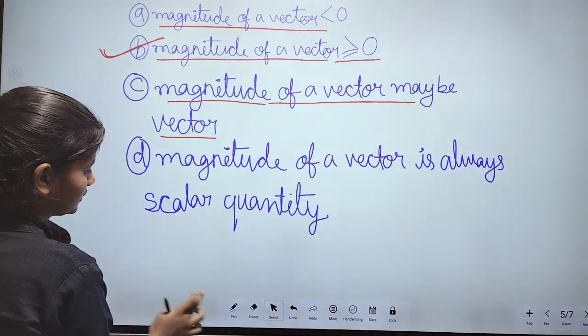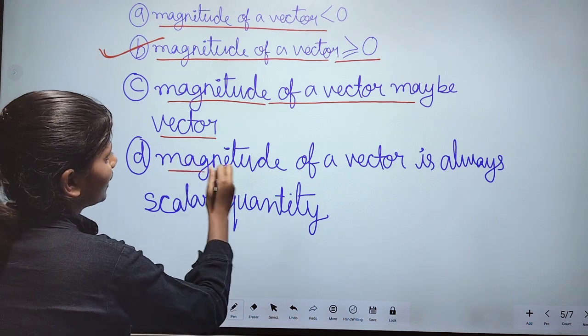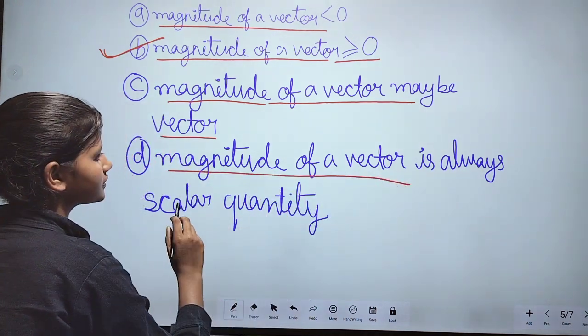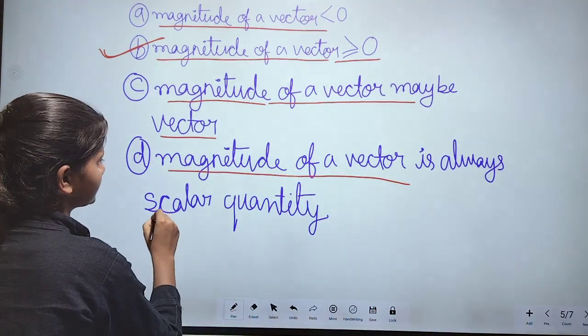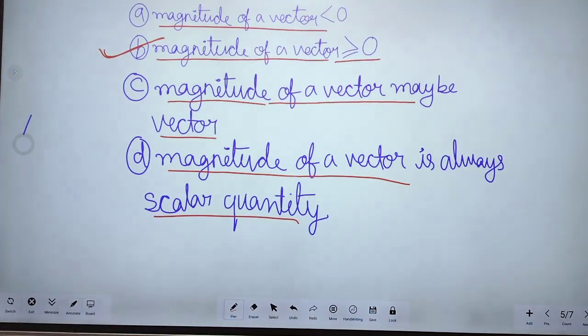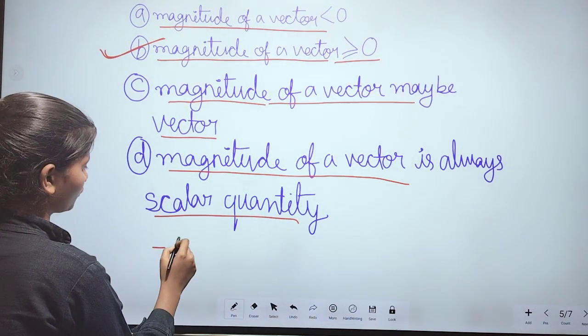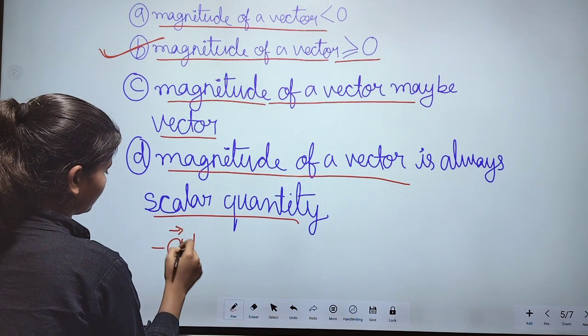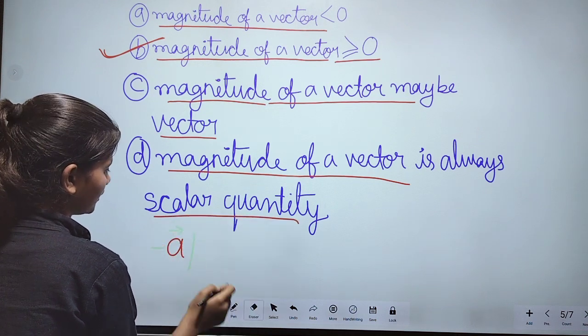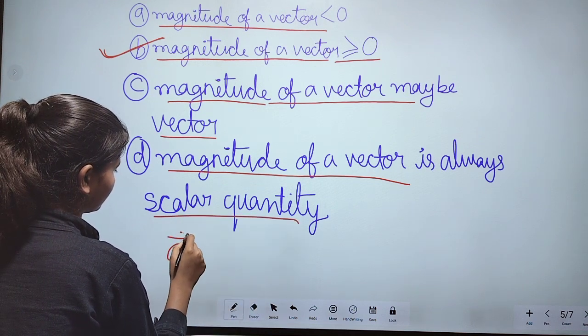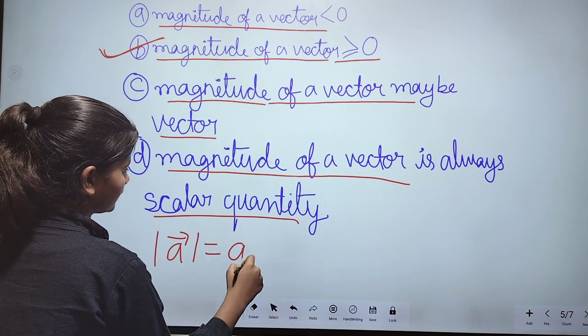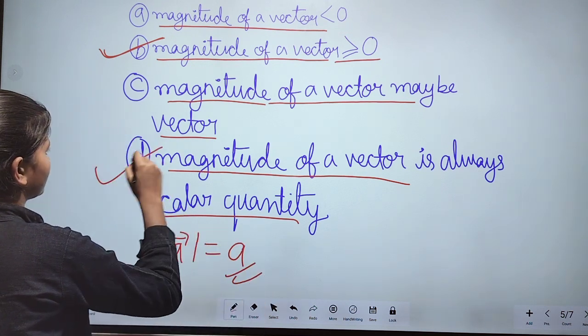Yes, the last option is correct: the magnitude of a vector is always a scalar quantity. So this one is also true.